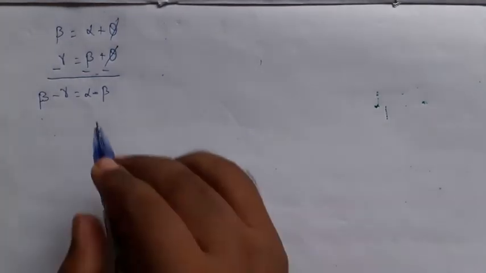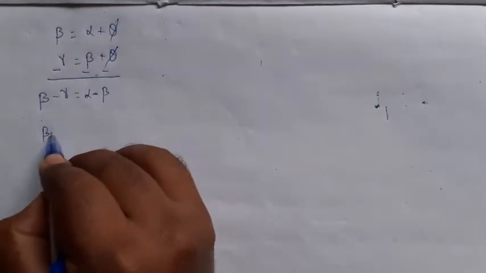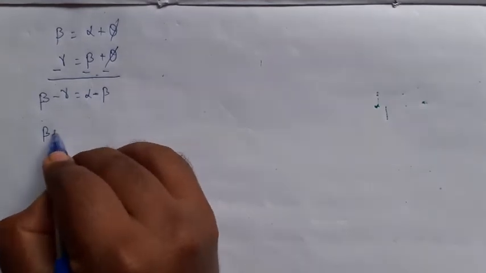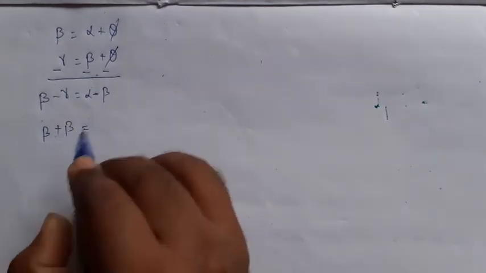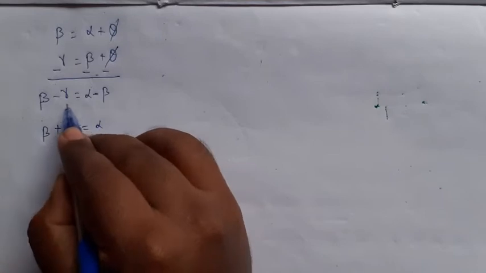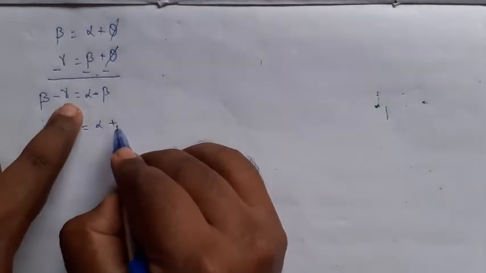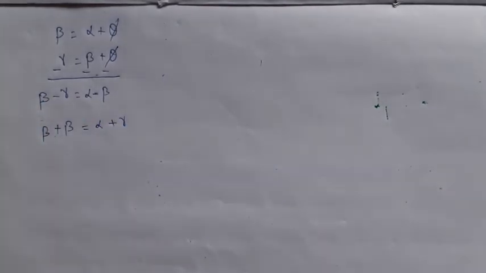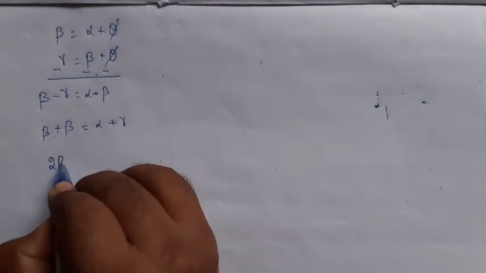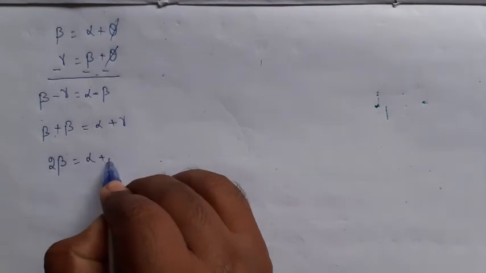Taking beta to this side, beta plus beta equals alpha, and gamma on this side, so alpha plus gamma. So 2 beta equals alpha plus gamma.